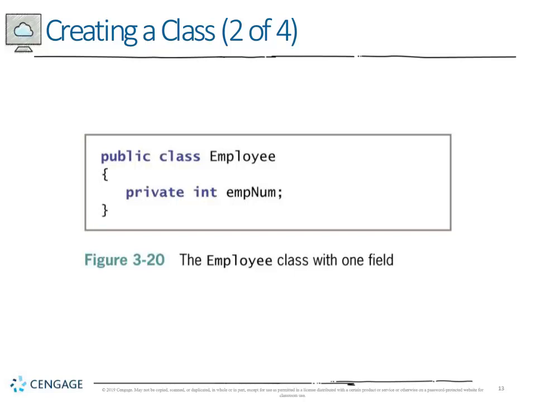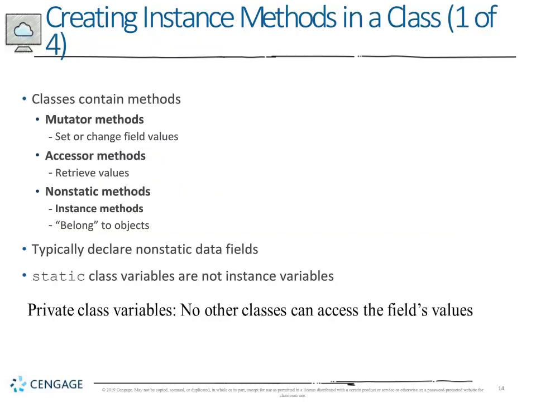To create a class, we use the keyword class. Here, the public means the class is visible and usable to other classes. Class have the following methods: mutator methods, so we use a set method to change the field's value.